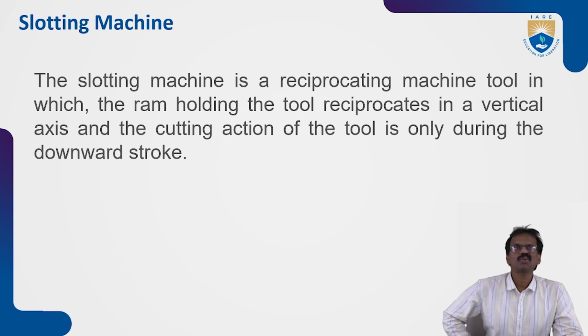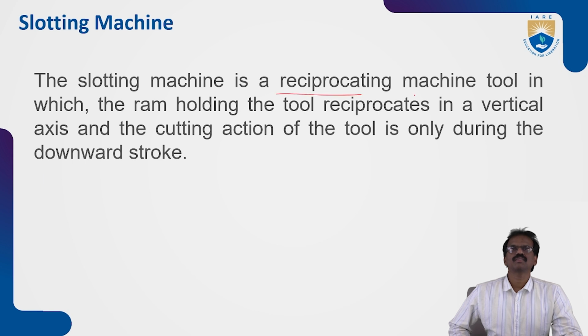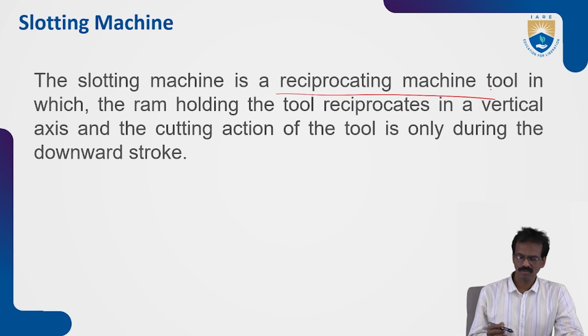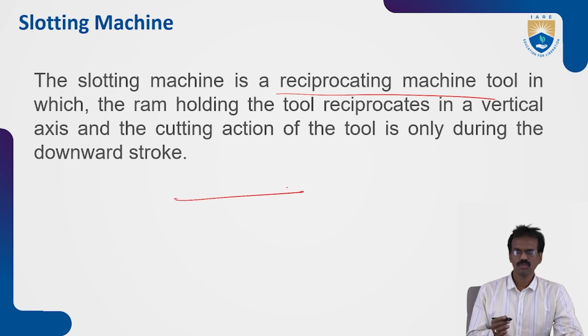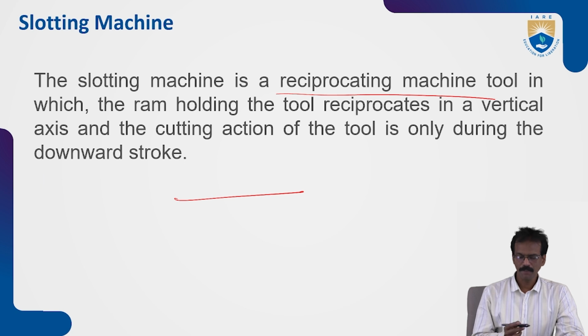We'll see what is a slotting machine. A slotting machine is a reciprocating machine, we know this one. It means the tool bit will reciprocate with the help of this machine. We know that in the shaping machine the tool bit will reciprocate horizontally.